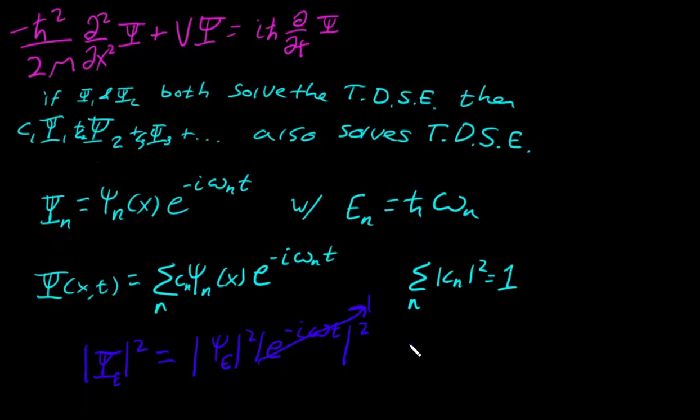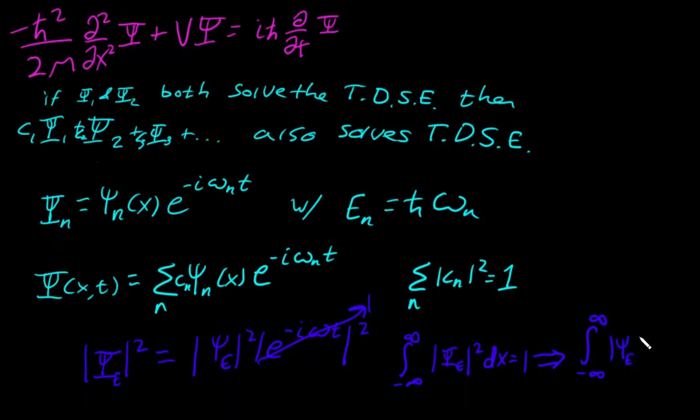So the condition that the integral from negative infinity to infinity of capital psi e norm squared dx equals 1 is the same condition as the integral from negative infinity to infinity of lowercase psi norm squared.